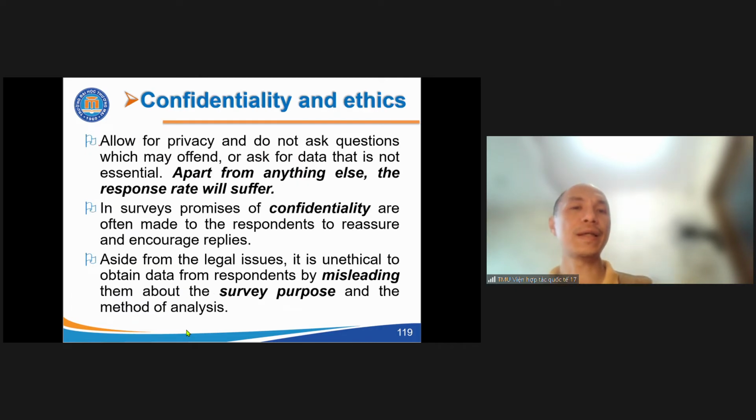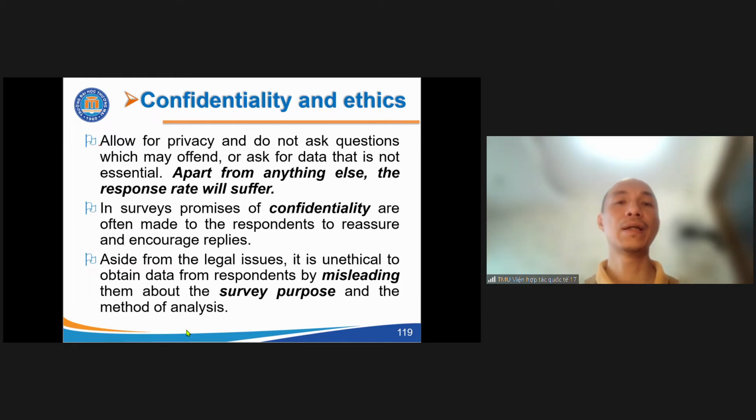The last thing is about confidentiality and ethics. It is very important for us, as I told you before, because sometimes the questionnaires may be disturbing for respondents, or maybe not suitable.